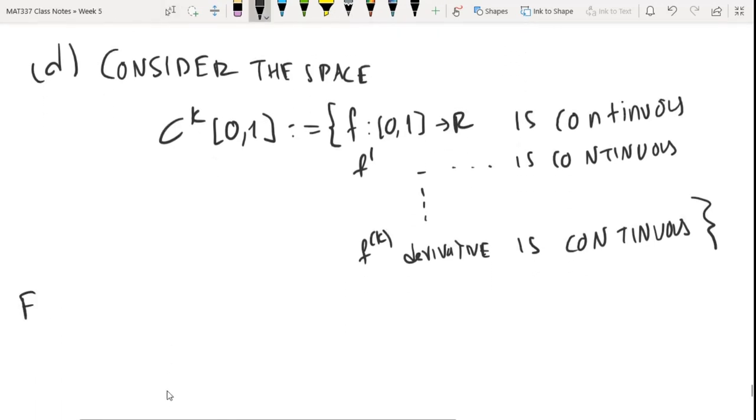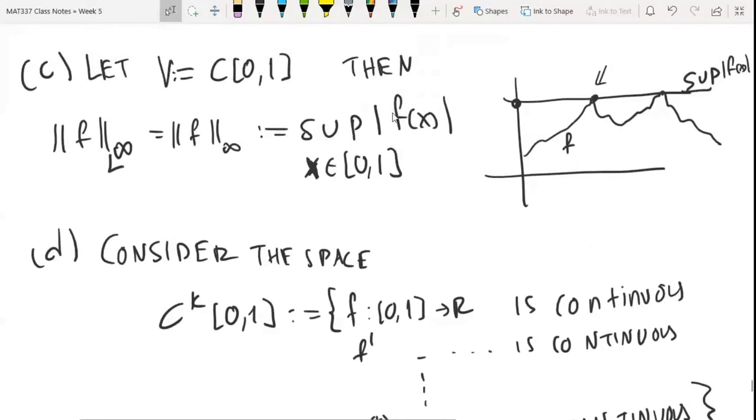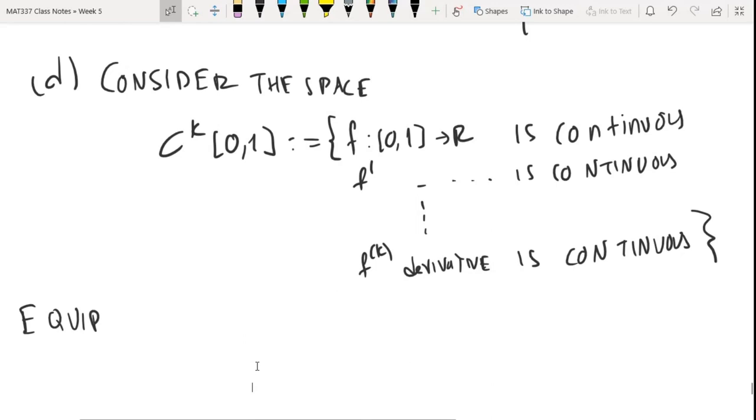Equip the space with the following norm. Oh, but wait, no, I'm sorry, I went too fast. I should prove that this is a norm. Yes, of course. So let me finish the D and then I have to come back and do C. I'm sorry. So equip the space with the following norm.